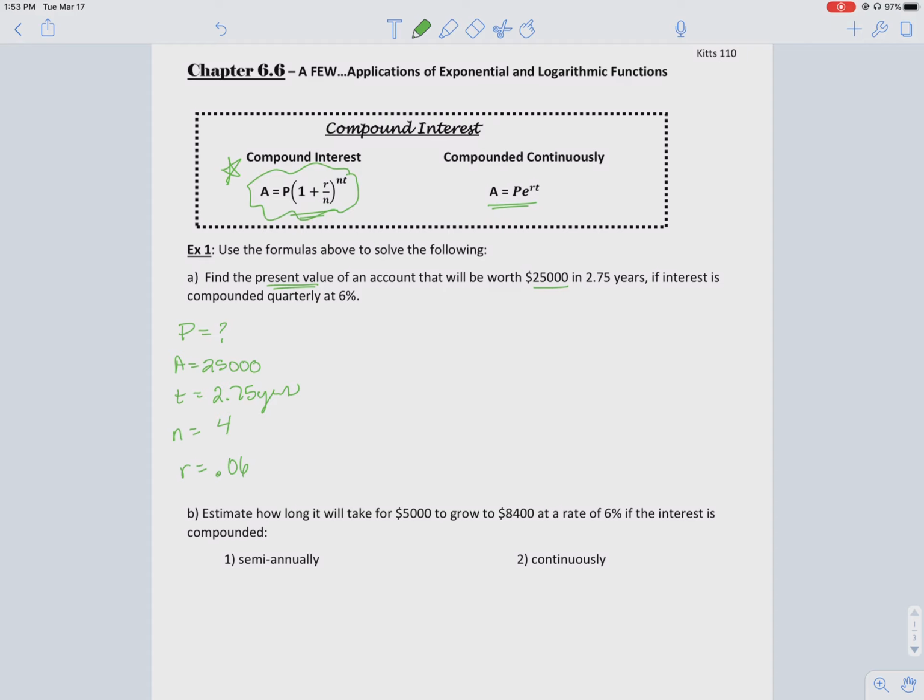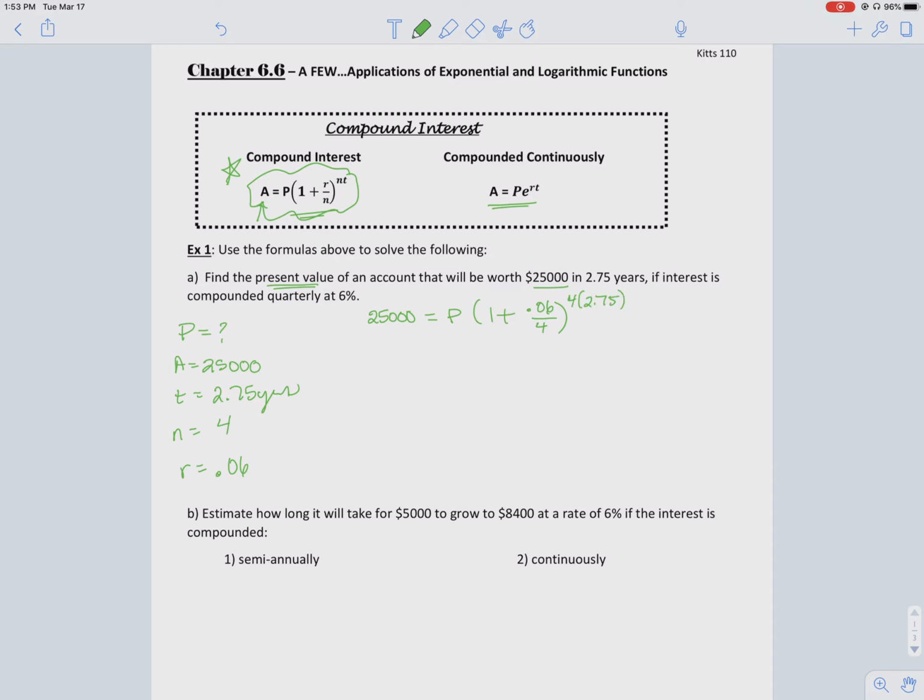It's a little bit different than what we've done in the previous sections, because in the previous sections we were solving for the A. Now we know the A, so the A is $25,000. What we don't know is our P. So we're going to put all our information in based on that formula right there.